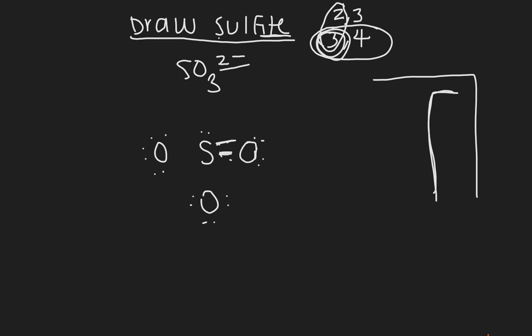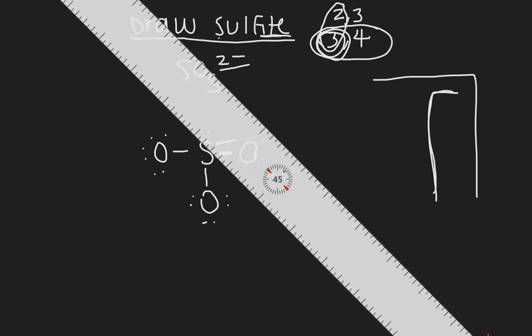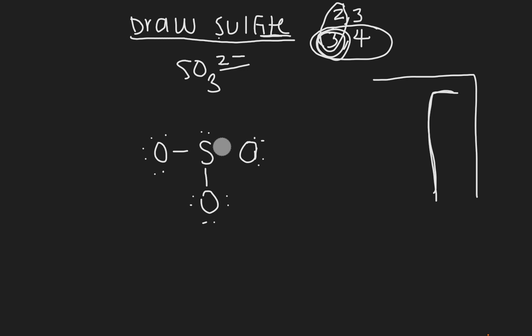This over here would be a single dash, this would be a dash, and this would be our Lewis structure. I'll go ahead and fix those lines real quick. The reason this is allowed is because sulfur has a d subshell, which means it can have more than 8 electrons because those extra electrons will go into that d subshell.